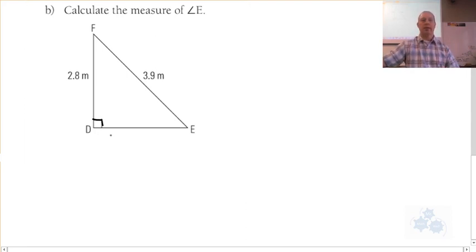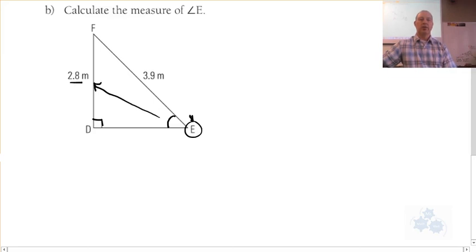Here's the right angle right here. And we have two sides, and we're trying to find this angle. So again, two sides of a right triangle and an angle, we're going to use our trig functions. Which trig function can I use to solve for E? That means which trig function involves this value and this value. Any guesses?